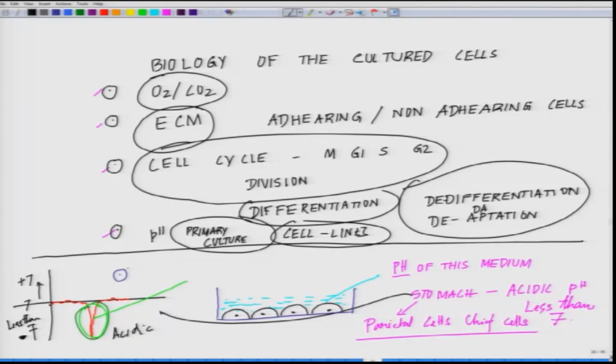Okay. And then we talked about the pH, acidic or basic pH, whereas most of the cells grow at pH 7.